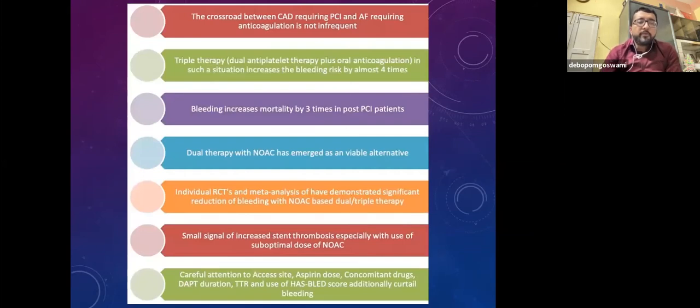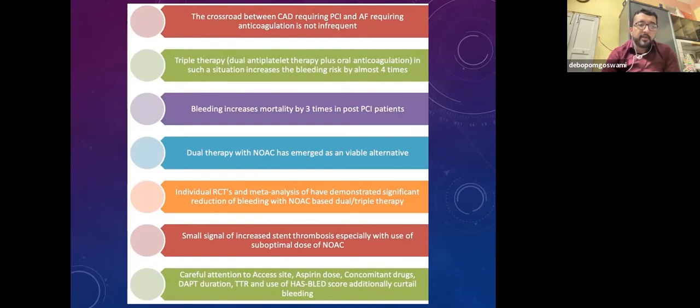So the crossroad between CAD requiring PCI and AF requiring anticoagulation is not infrequent. Triple therapy, that is dual antiplatelet therapy plus oral anticoagulation, in such a situation increases the bleeding risk by almost 4 times. Bleeding increases mortality by 3 times in post-PCI patients. Dual therapy with NOAC has emerged as a viable alternative.